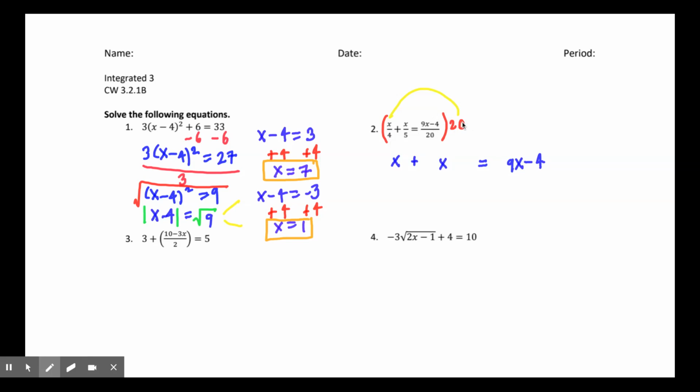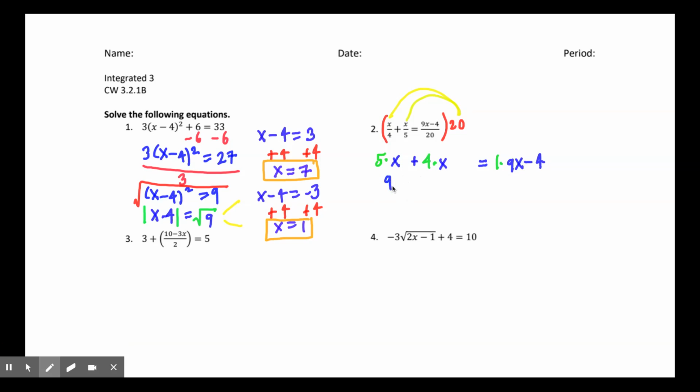So you want to multiply 20 by this first one, and then you do 20 divided by 4, and you get 5 times x. And then you multiply 20 by the next one, and then you do 20 divided by 5, which leaves you with 4 left over. And then lastly, 20 divided by 20 is just 1. And then you multiply those.